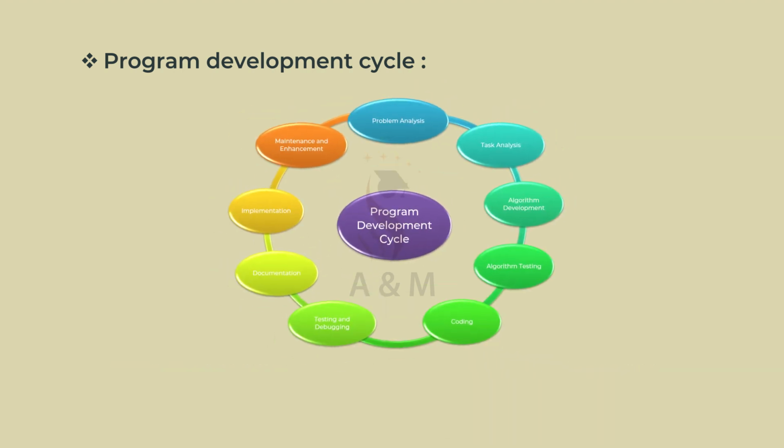The program development cycle has 9 steps. They are: problem analysis, task analysis, algorithm development, algorithm testing, coding, testing and debugging, documentation, implementation, and maintenance and enhancement.